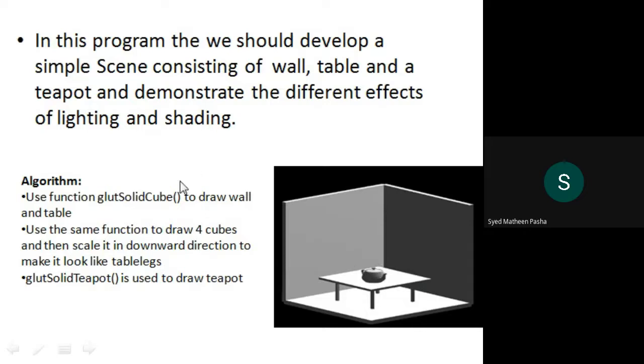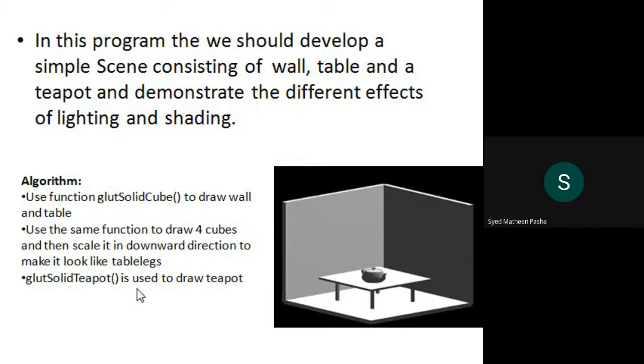So these are the 3 important functionalities used in the program. One is the solid cube, used for representing the walls as well as the table, and the other is solid teapot, used to draw the teapot.